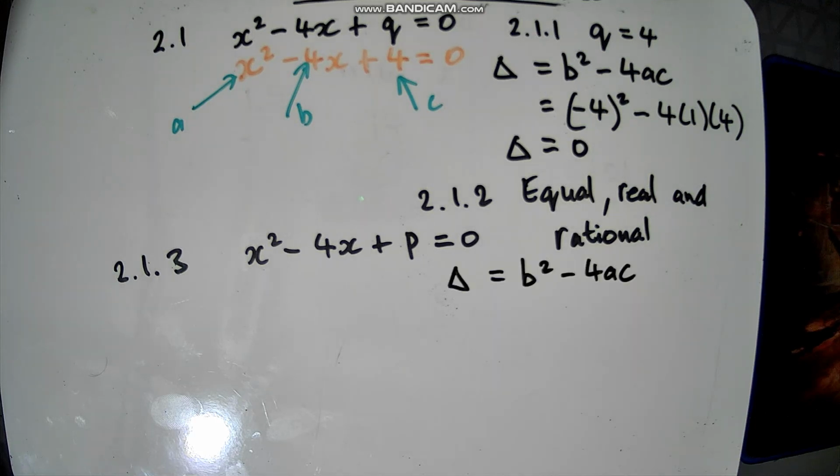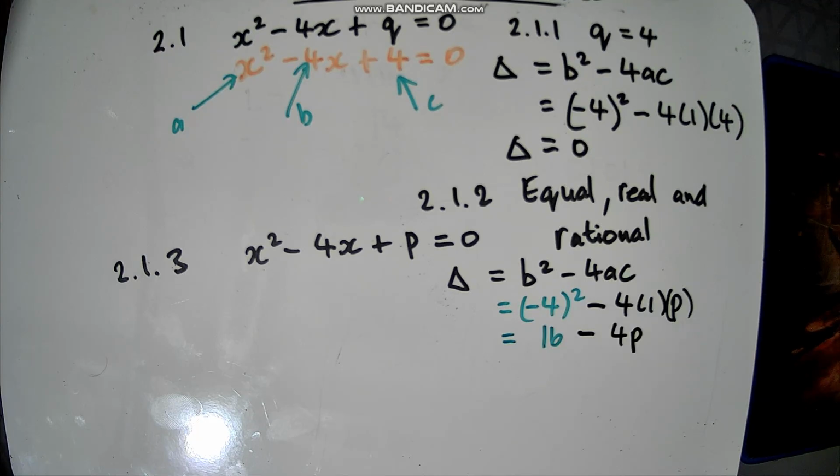All you will do here is substitute all of those values again into the discriminant. However, the c value will be p, so substitute p. So the b is still minus 4, and the a is 1, and the c is p. So negative 4 squared is 16, and 4 times 1 is 4, so we'll have negative 4p.